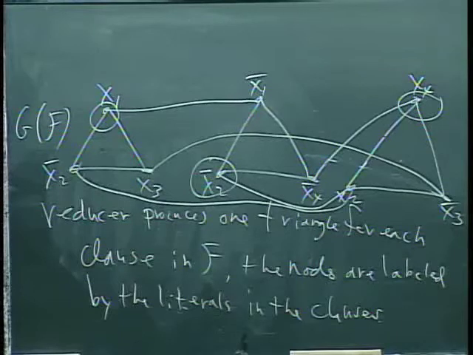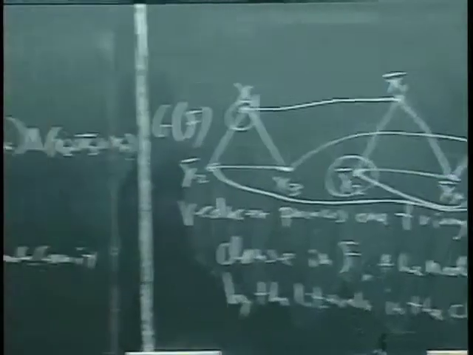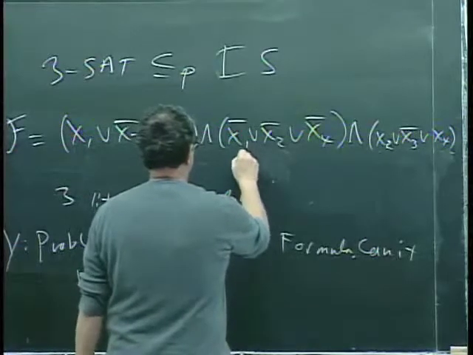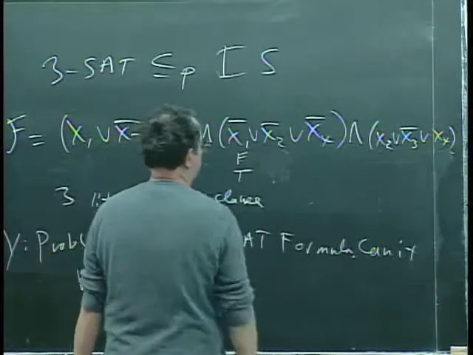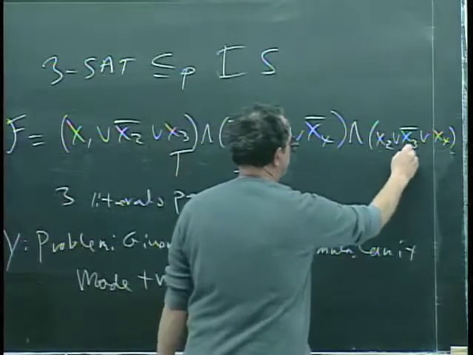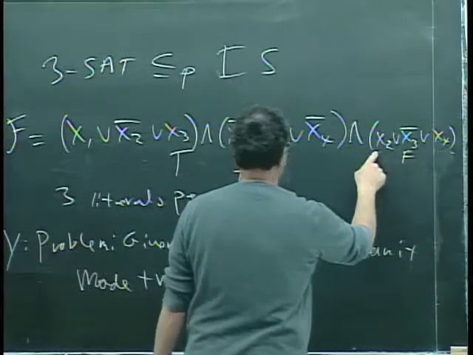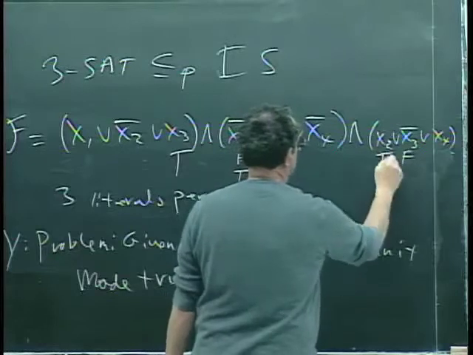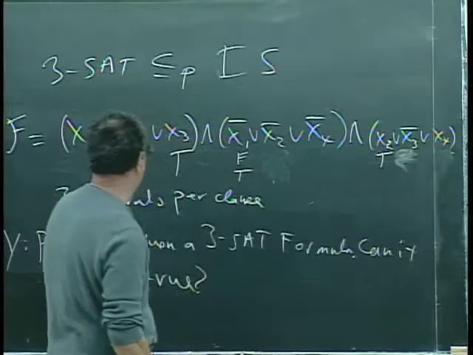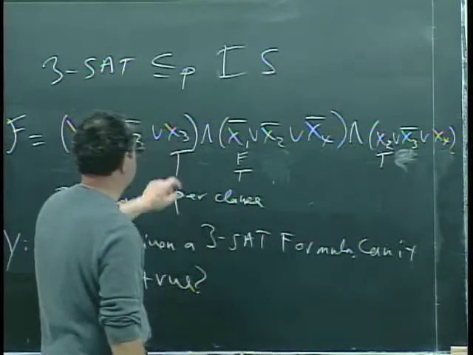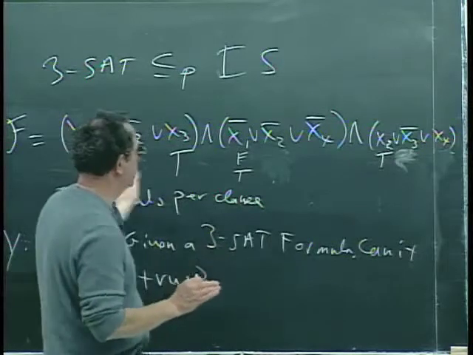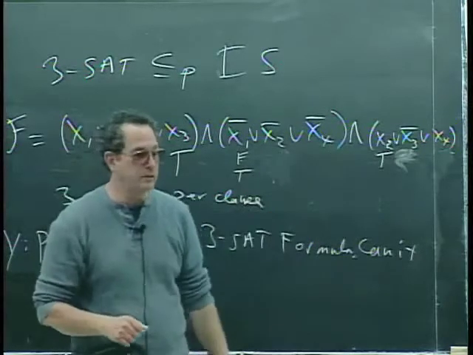Let's pick a different one than we had. x3 true, x1 false, therefore x1 bar true, and this one will be false, but I didn't say anything about x2 yet, so I can make that true, right? So we have an assignment which makes this true.